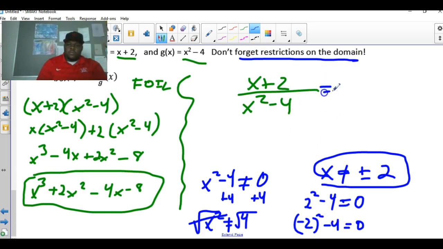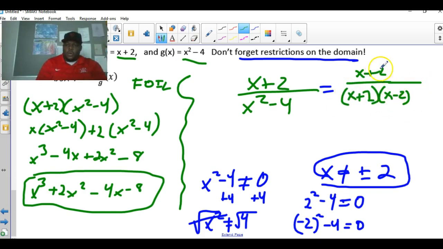Now, let's go ahead and simplify this while we're at it. I have x plus 2, and by simplify, factor this. This is the difference of two squares. So we factor this, and we get x plus 2 and x minus 2. What cancels? This cancels. Now what's left at the top?